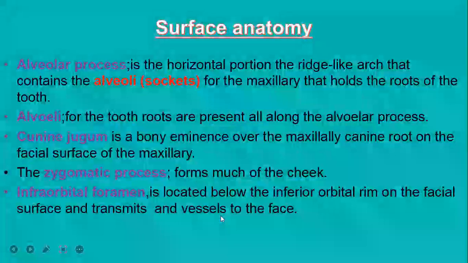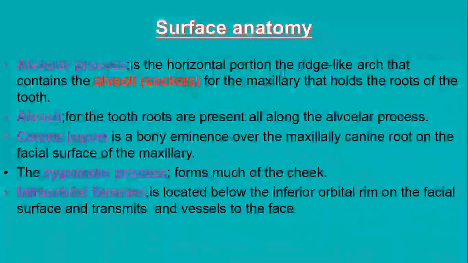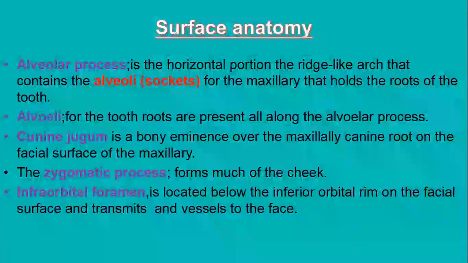So let's get to the surface anatomy, the descriptive part of this bone, the maxilla. The alveolar process is the horizontal, ridge-like arc that contains the alveoli, which are the sockets for the maxillary teeth that hold the roots of the teeth. The alveoli for the tooth roots are present along the alveolar process.